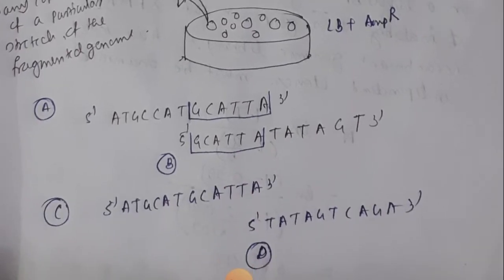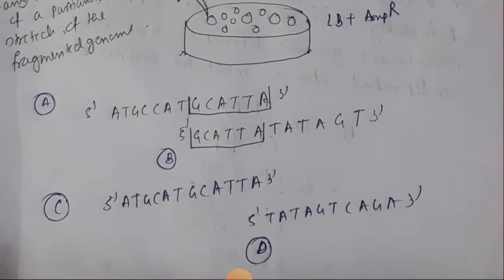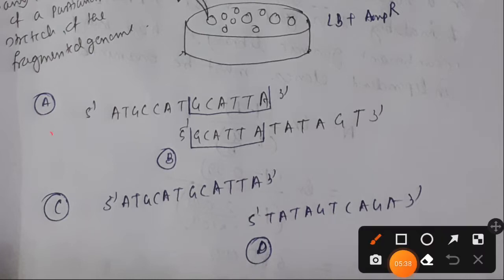Now why will we construct a genomic DNA library? The idea is very simple: we construct a genomic DNA library so that we can study the genes later on when we require them. Let's take the example of the recent SARS-CoV-2 virus. There is already a viral genome library for SARS-CoV-1.